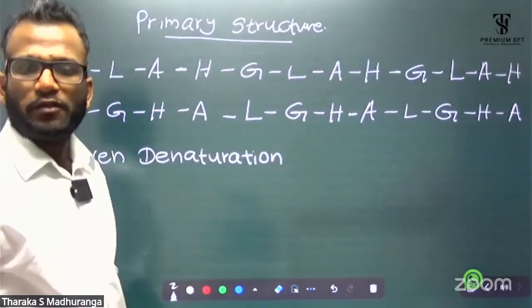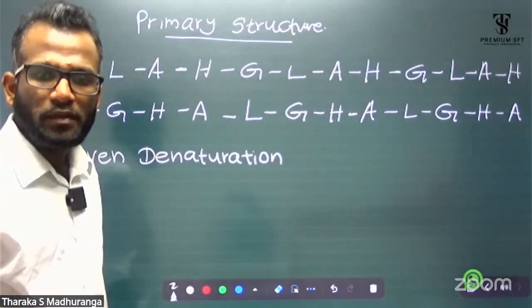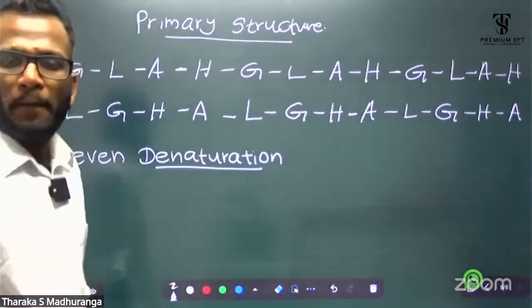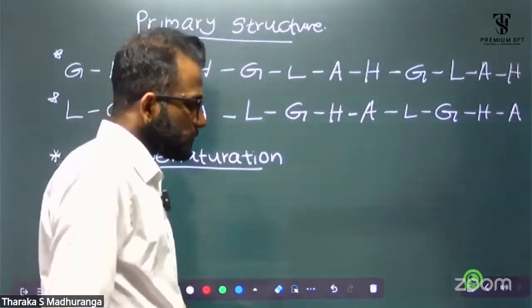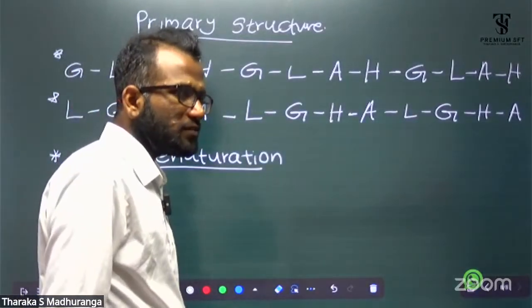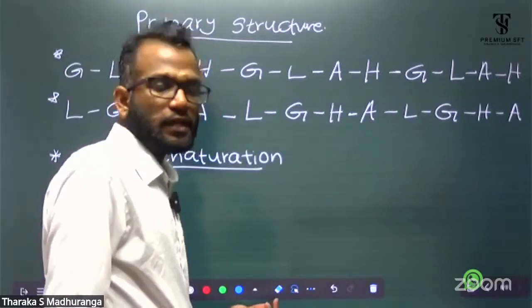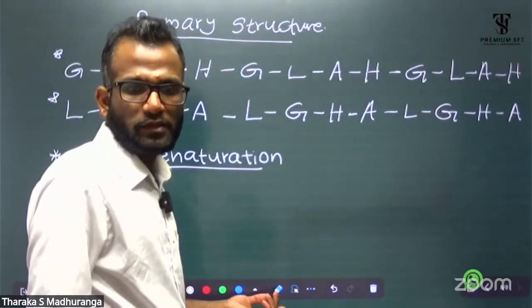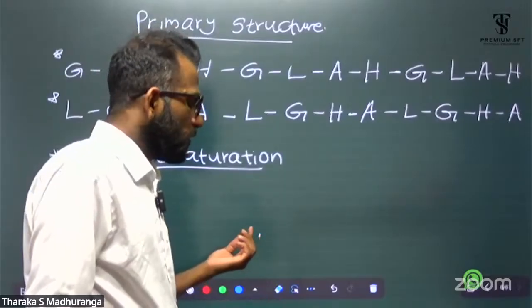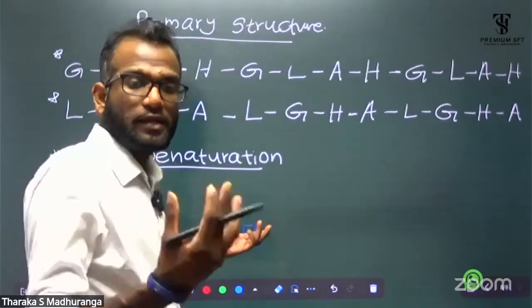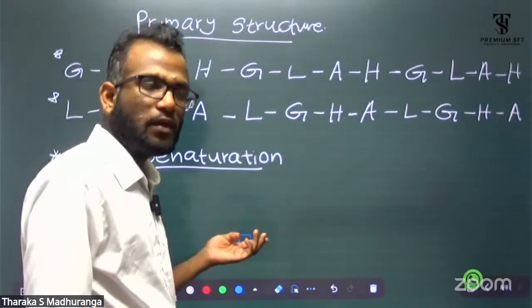Even with denaturation, do you know the meaning of protein denaturation? Protein denaturation means completely changing the physical state of proteins. As an example, albumin is the main protein in egg white.